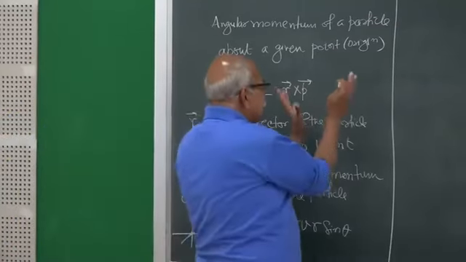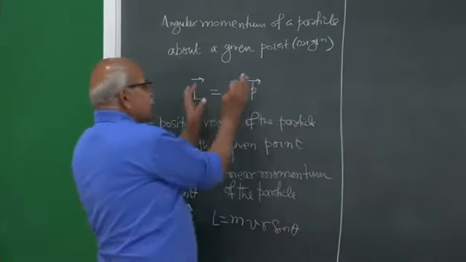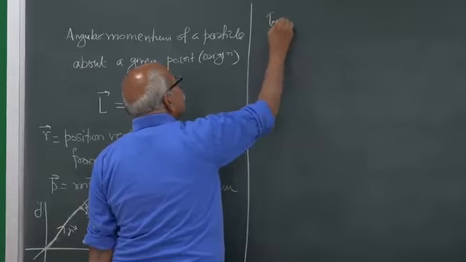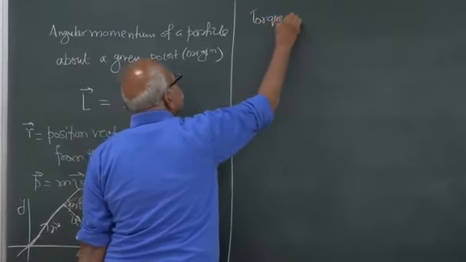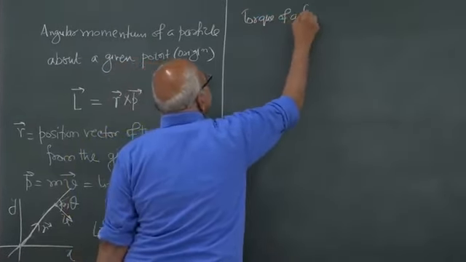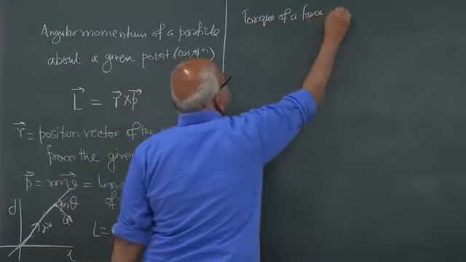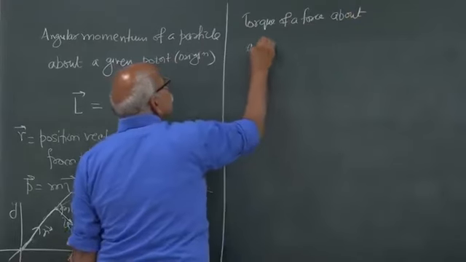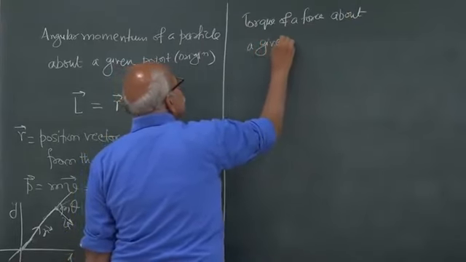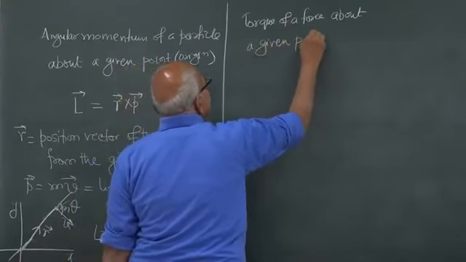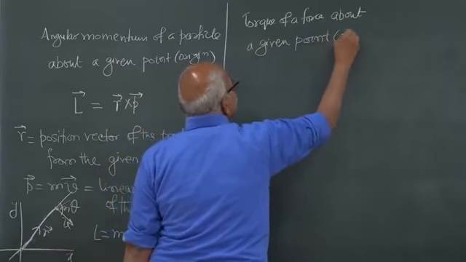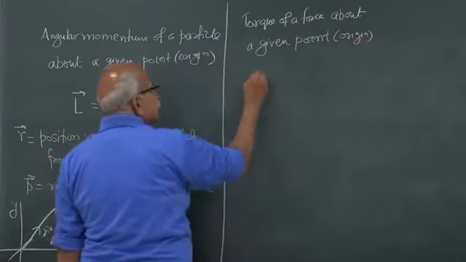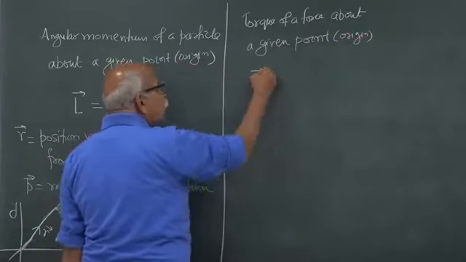Correspondingly, there is a similar looking quantity that we also define, the torque of a force, once again about a given point, which we will take as the origin. That is written as tau vector.